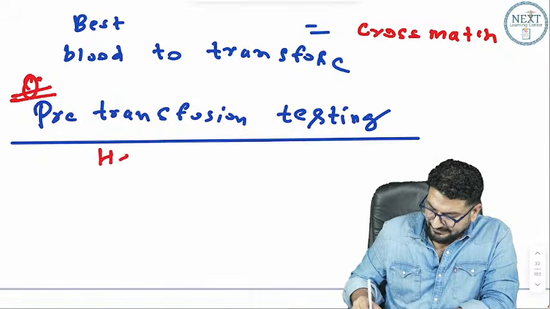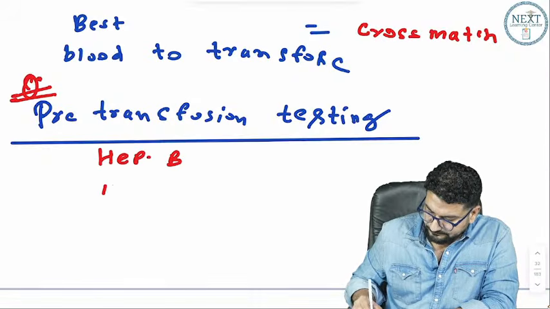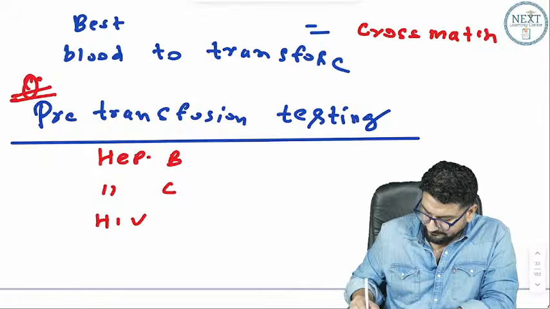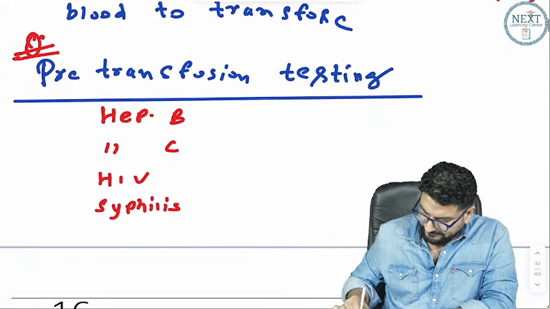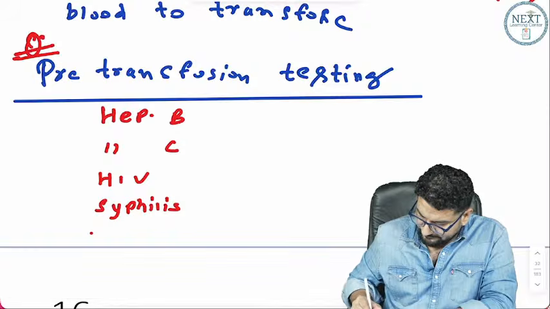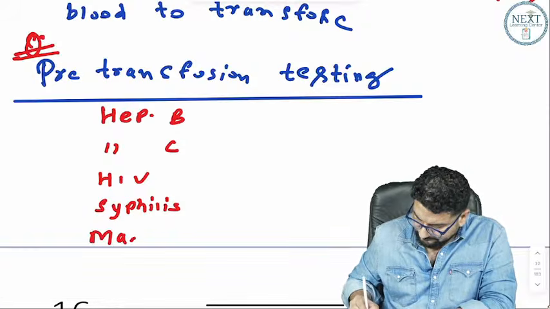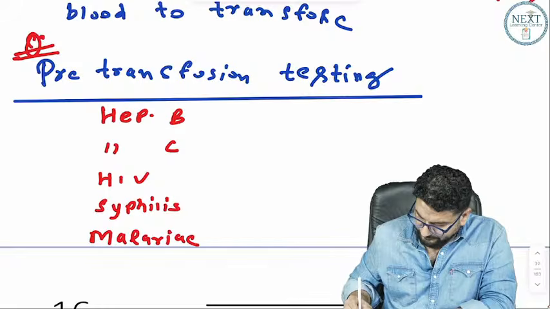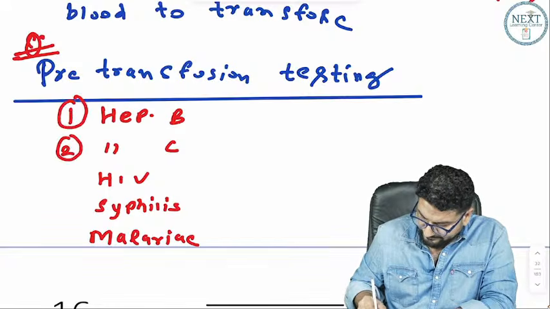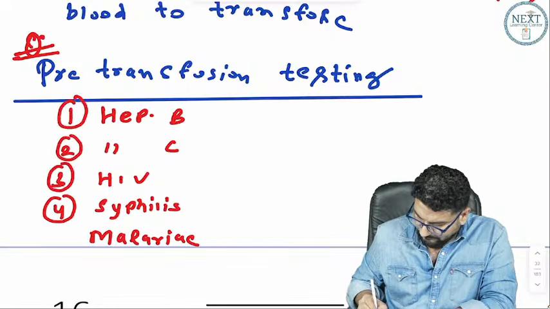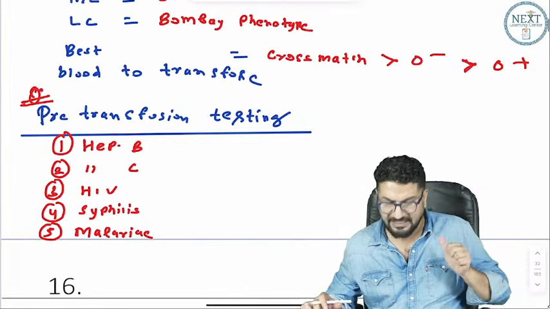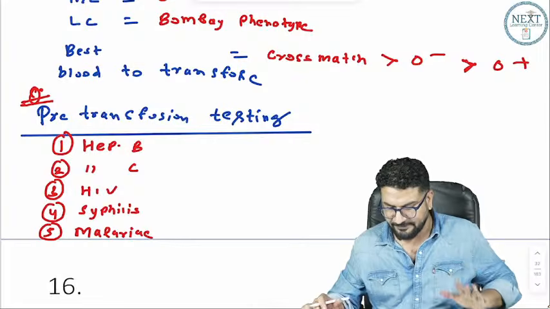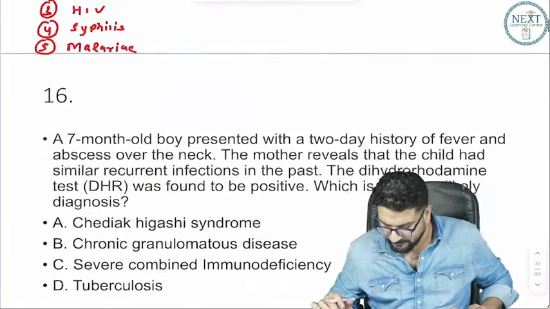It is hepatitis B, hepatitis C, HIV, syphilis, and malaria. So your blood should be screened for 5 infections. Hepatitis B, C, syphilis, HIV, malaria. Okay, moving to next. Try to answer.